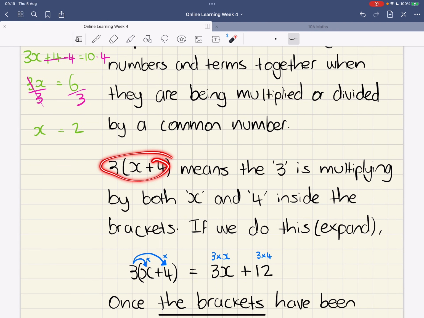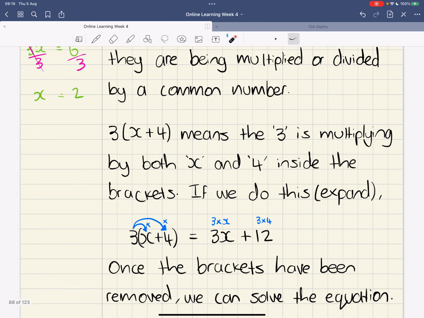This example means that the 3 is multiplying both the x and the 4 inside the brackets. So this is saying 3 multiplied by x and 3 multiplied by positive 4. I'm saying positive 4 because there's a positive sign here. So 3 times x and 3 times 4. We just answer those each individually, and we call this expanding.